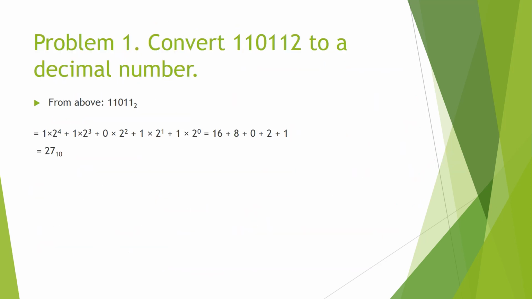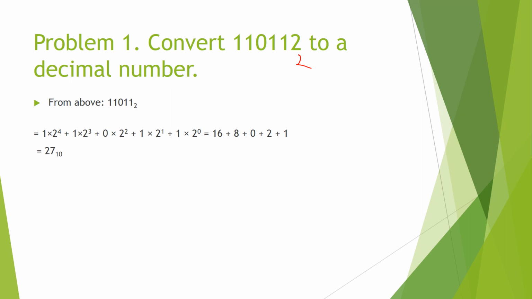For example, if we want to convert 11011 base 2 to a decimal number, from the above, we take each digit and multiply it by its equivalent place value. So the first one, we are going to have 1 times 2 raised to power 4, because here we have ones, tens, hundreds, thousands, and ten thousands. The ten thousands place is equivalent to 10,000.